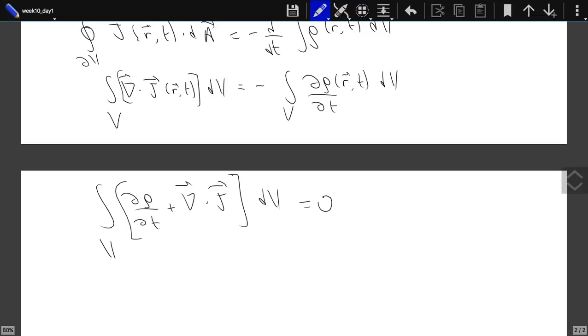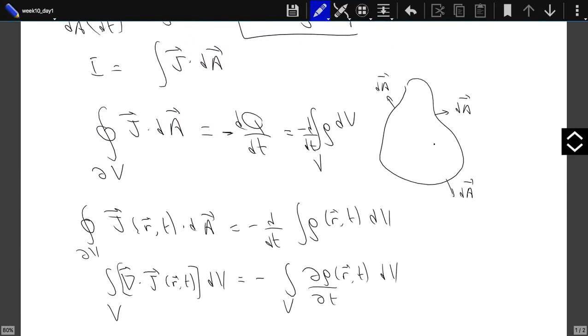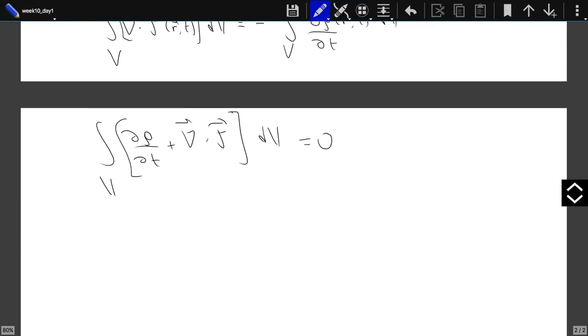But keep in mind that we started with an arbitrary volume. Instead of this volume, I can just do all the same arguments for a smaller volume. For a volume that looks like this, whatever volume you choose, the arguments that we used over here will still be valid. And hence, the integral of this quantity is always 0, whatever volume you choose.